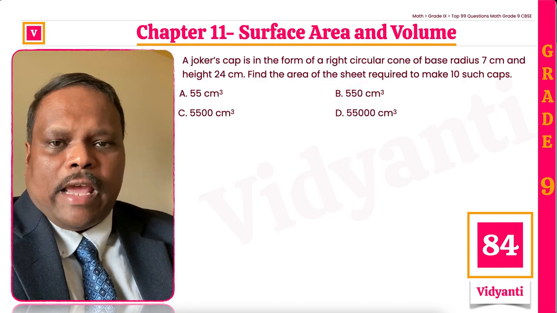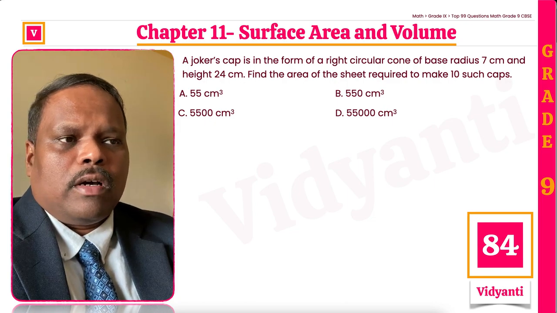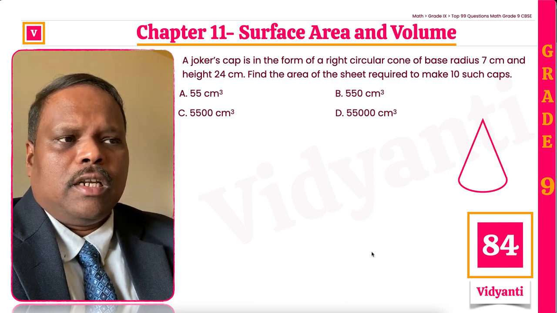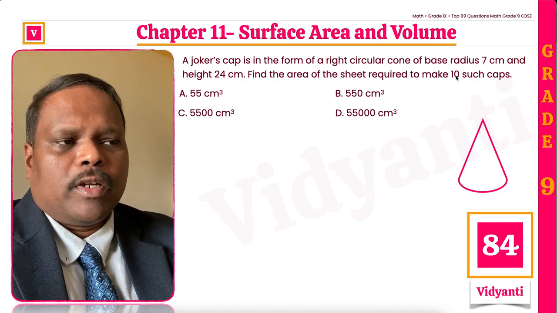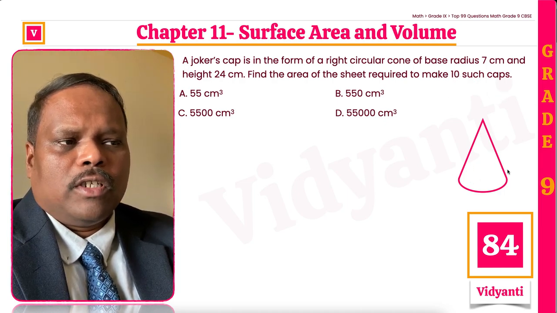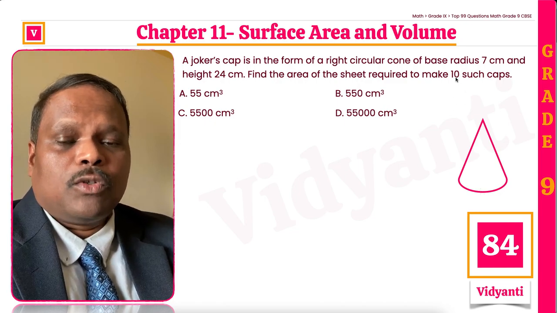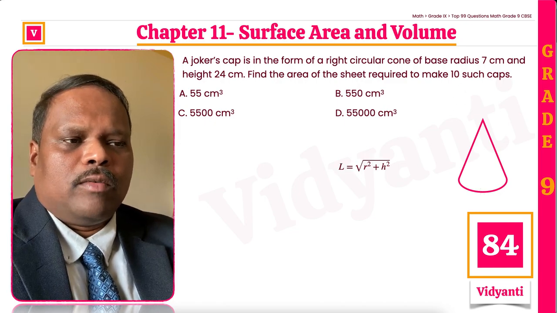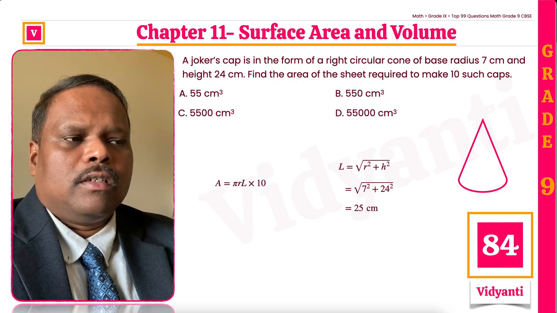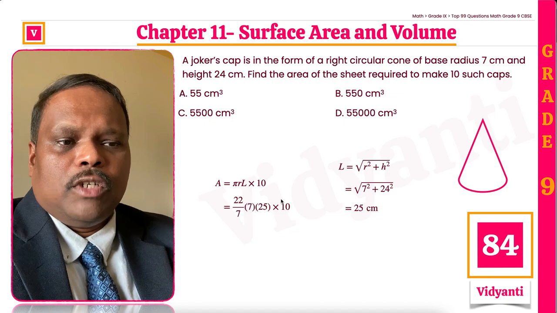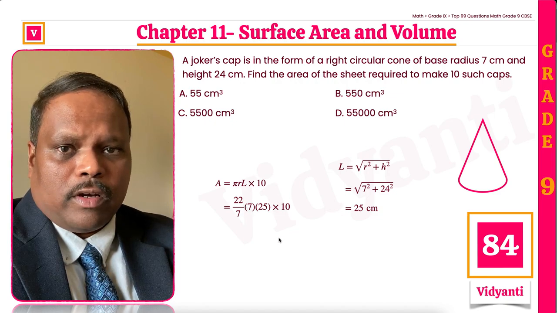A joker's cap is in the shape of a right circular cone whose dimensions are given. Find the sheet required to make 10 such caps. Remember, this step is important. You will find out the surface area of the right circular cone and multiply by 10 because we are supposed to make 10 such caps. First we will calculate the slant height using Pythagoras. That will come out to be 25, which we will use for calculation of the curved surface area.